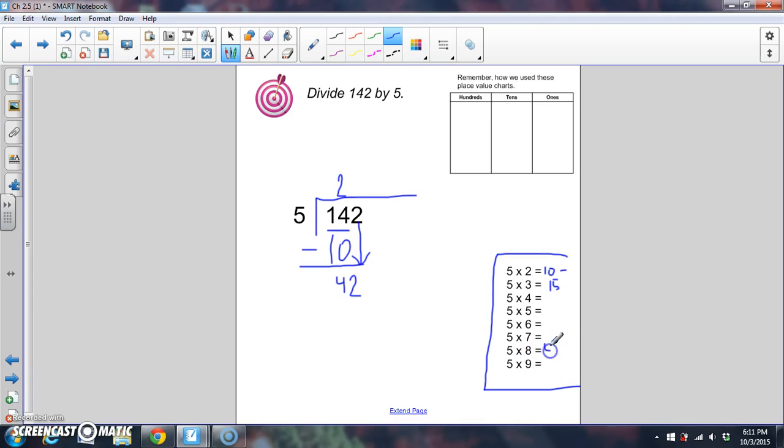Thinking again about this table that you have filled out, because 5 times 9 is 45, it's too large, so I'm going to have to go back to 40, or 5 times 8. There's nothing again to bring down, so this becomes my remainder, and this little r stands for remainder, the number that's left, in my quotient, or my answer.